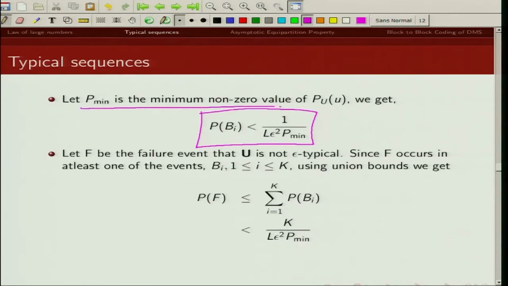Here P min is the minimum non-zero value of P of Ai.